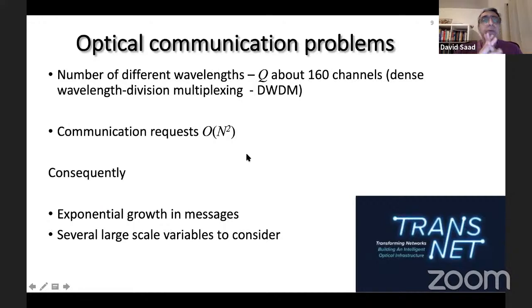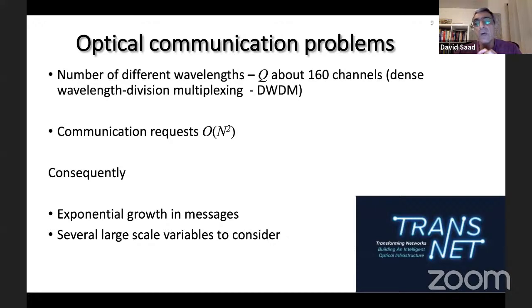So how is this related to optical communication problems? In real fibers, in what is called dense wavelength division multiplexing, you have about 156 different wavelengths. And the communication requests are typically order n squared.